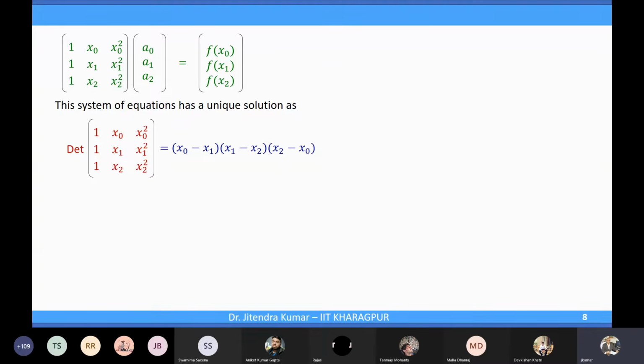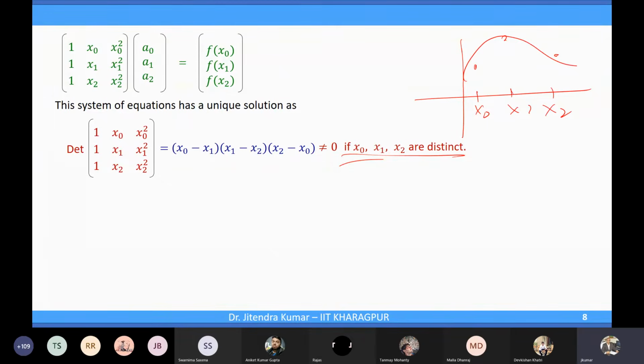So if these are different, this is non-zero, this is non-zero, this is also non-zero. So overall we have a non-zero determinant. And what does that mean? 3 independent values, so a unique solution, right? Yes, sir. These are distinct, which is the case because we are talking about the 3 data points x0, x1, x2. So if we have the 3 data points, then this system will have a unique solution.